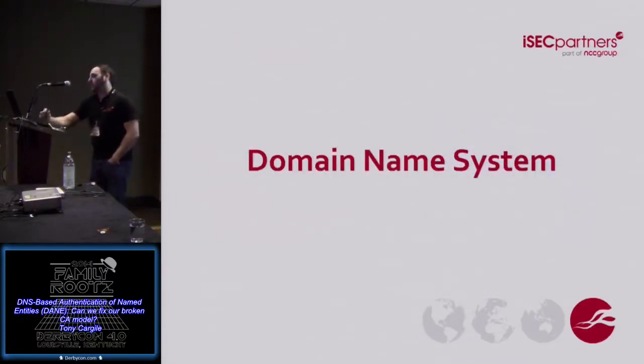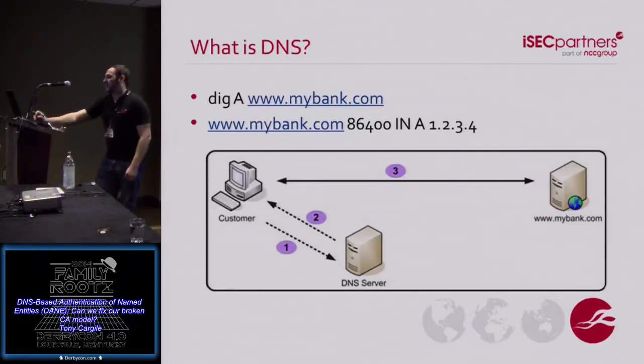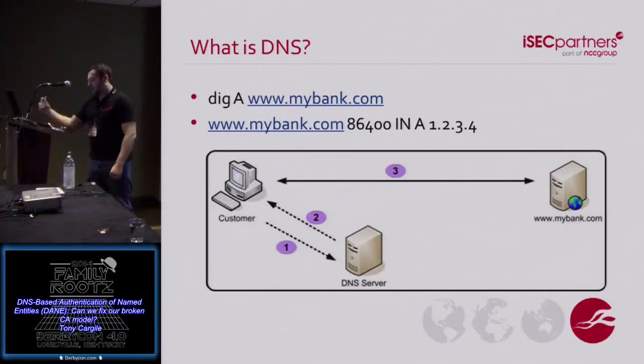So, domain name system. This should hopefully be a refresher for all of you, otherwise this talk might not go so well. What is DNS? DNS is a way for us to resolve www.google.com into an IP address so that browsers, servers, and clients can all understand each other.